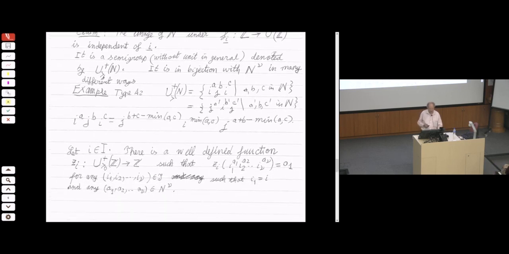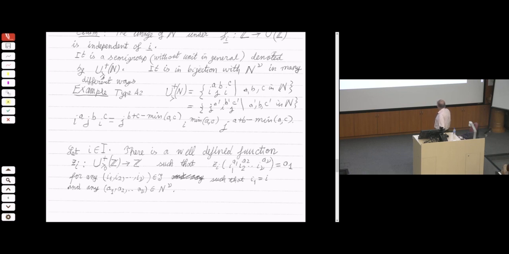Okay, so now for each vertex i of our graph, there is a well-defined function Zi from this integer semigroup, which is given by the following formula.